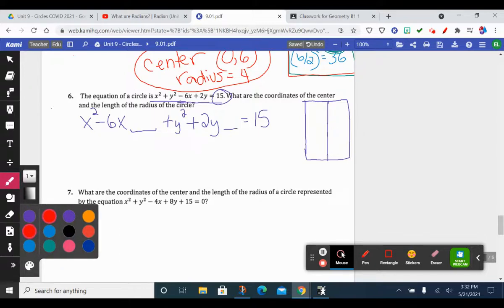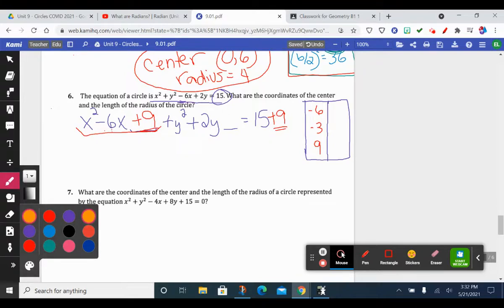Now, the b value for the x term was negative 6. Negative 6 divided by 2 is negative 3, and negative 3 squared is 9. So here we need to add 9 to make that perfect square trinomial. But whatever we do to one side, we have to add 9 to the other side as well.